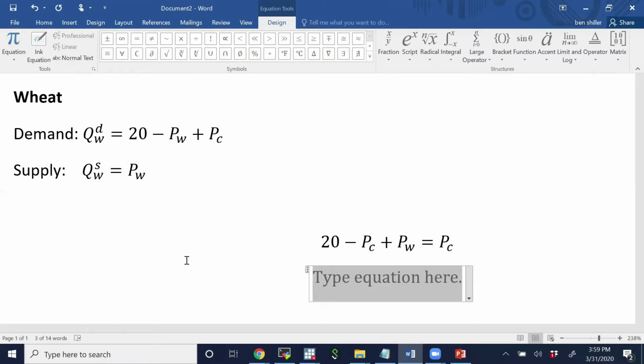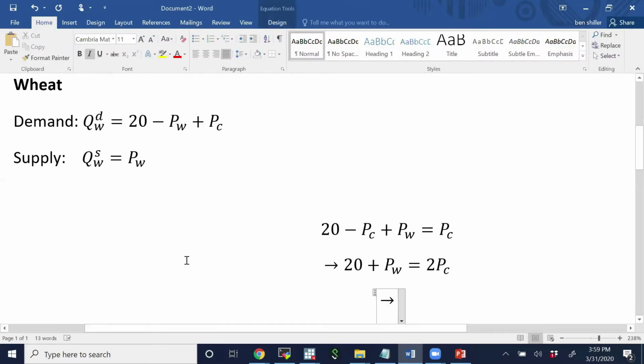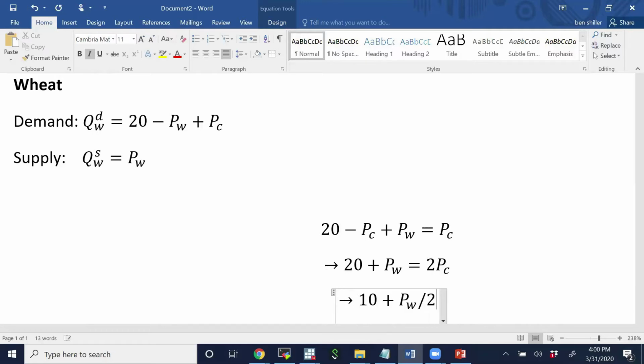If you add the price of corn to both sides, you get 20 plus the price of wheat is equal to 2 times the price of corn. And if you divide both sides by 2, you get that 10 plus the price of wheat divided by 2 is equal to the price of corn.